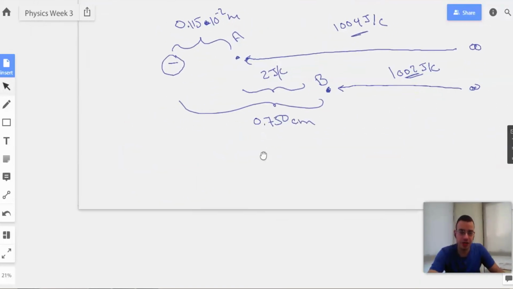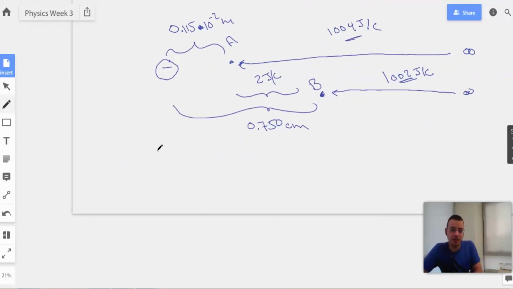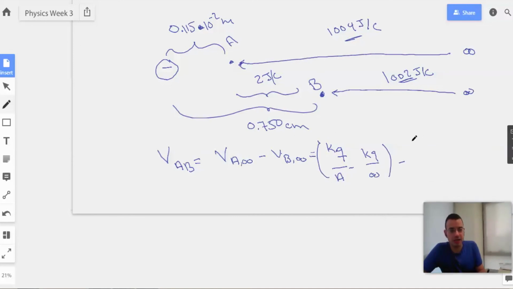So if I was going to write this out in a more formal manner, I would say voltage AB equals voltage A infinity minus voltage B infinity equals KQ over A minus KQ over infinity minus bracket KQ over B minus KQ over infinity.